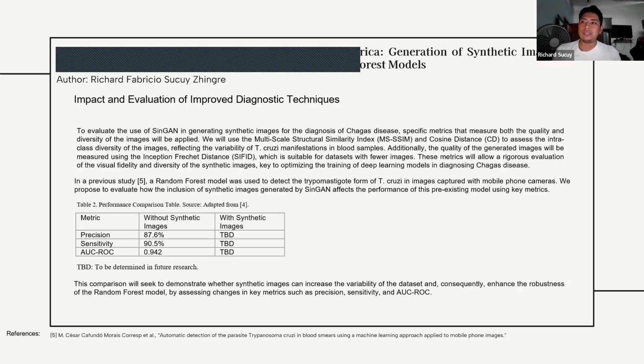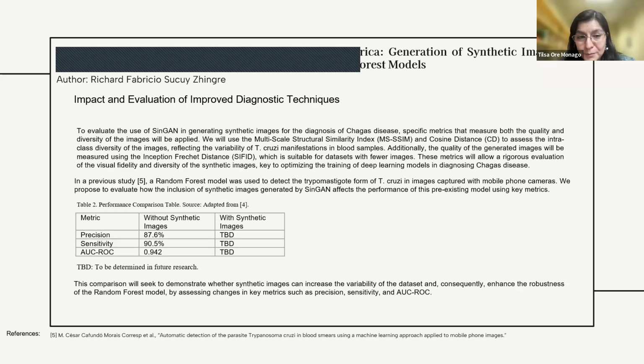In a previous study, a random forest model was used to detect the Trypanosoma cruzi trypomastigote in images captured with phone cameras.